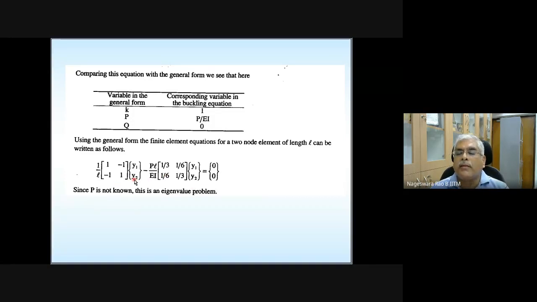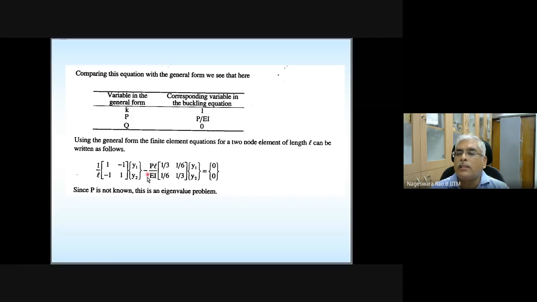This is because the right hand side is 0 and this matrix is multiplied by the same vector. This matrix is also multiplied by the same vector. So when I say A, this is what I mean. A matrix, I'm saying this is A matrix.